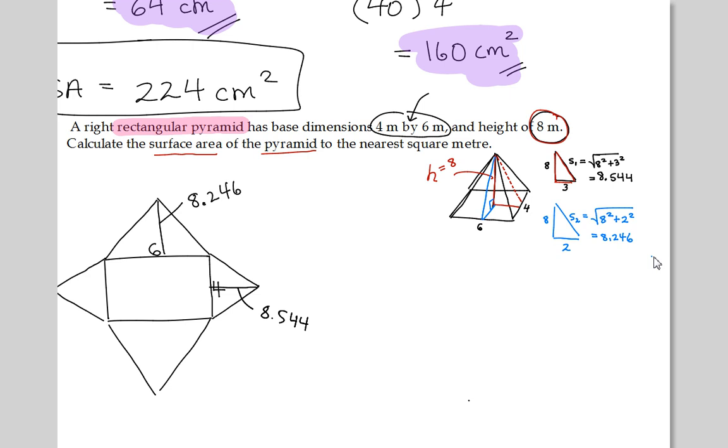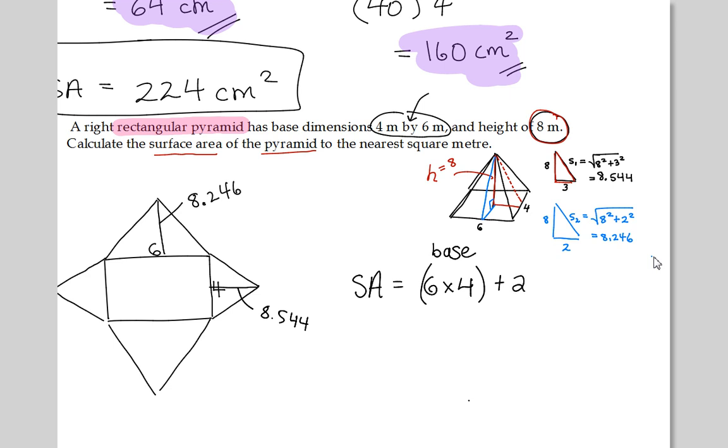So let's finish this off. Surface area will be 6 times 4. That's for the rectangular base. Plus, we do them 2 at a time.